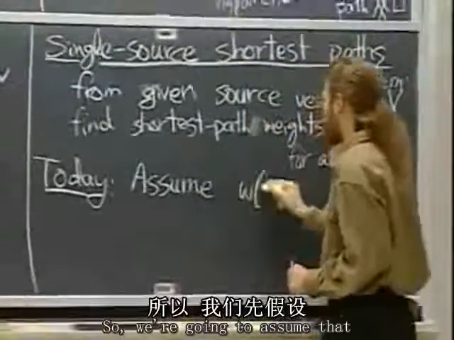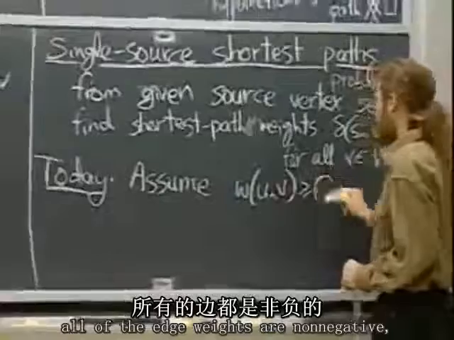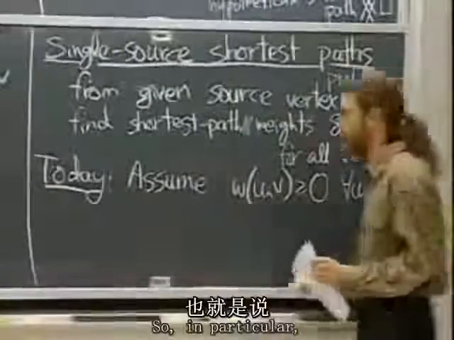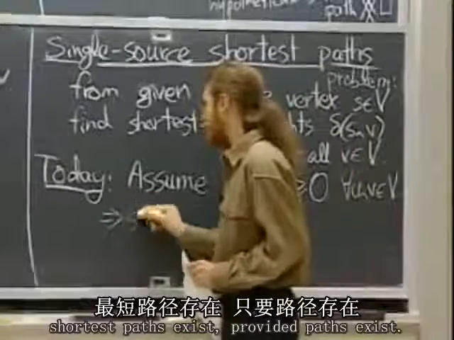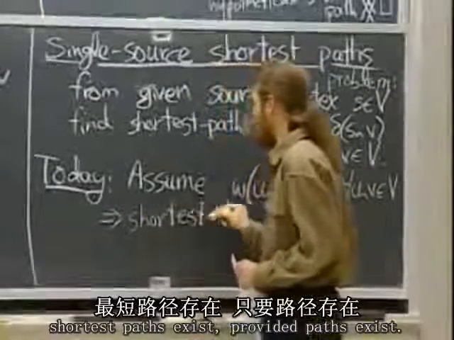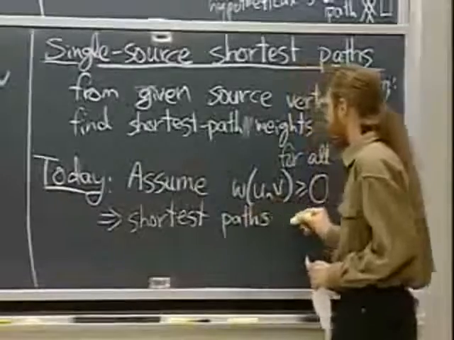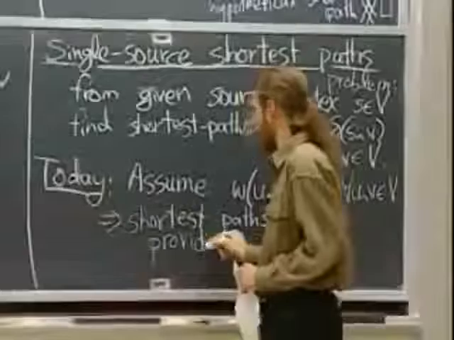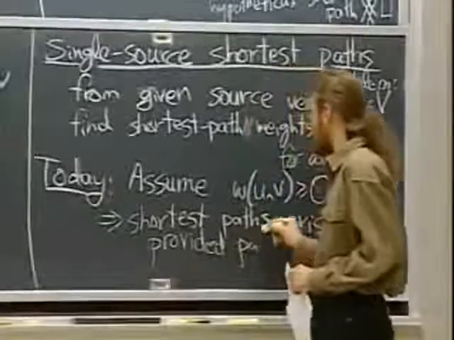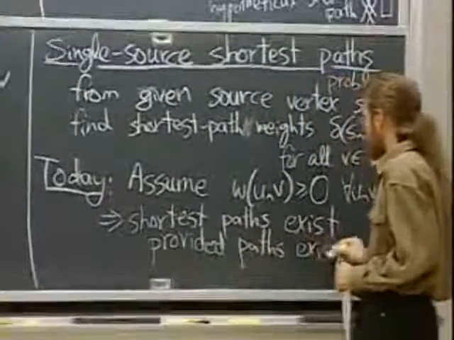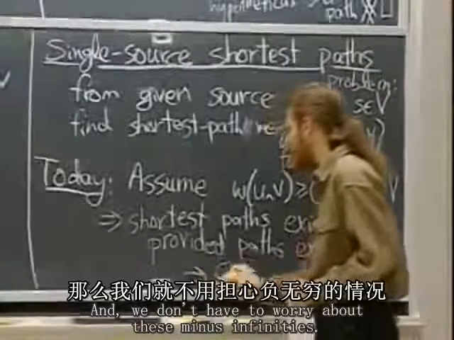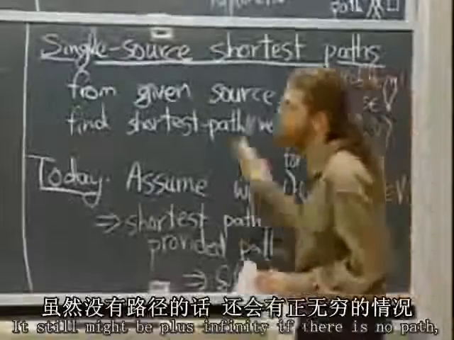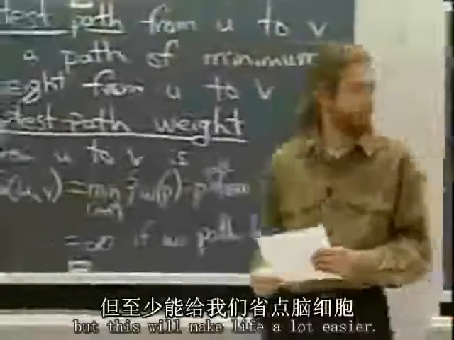So we're going to assume that all of the edge weights are non-negative, for all vertices U and V. So in particular, shortest paths exist, provided paths exist, and we don't have to worry about these minus infinities. Delta of UV is always bigger than minus infinity. Still might be plus infinity if there's no path, but this will make life a lot easier.